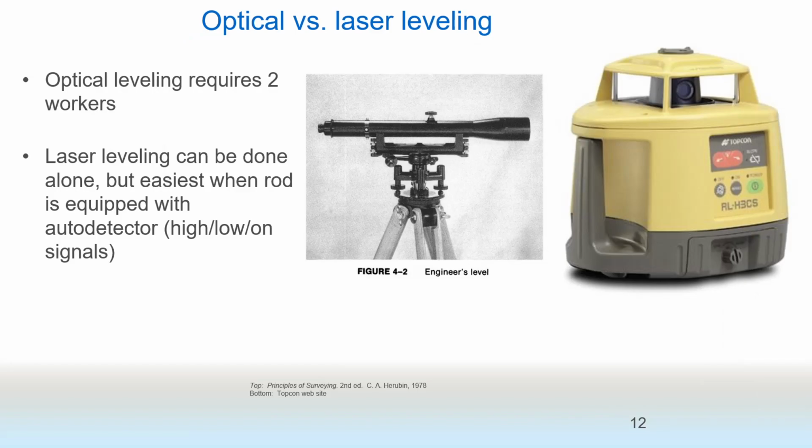Optical leveling requires at least two workers. Laser leveling can be done alone, but is easiest when the rod is equipped with an auto detector. We have seen this auto detector in the second video from our Illinois colleagues.